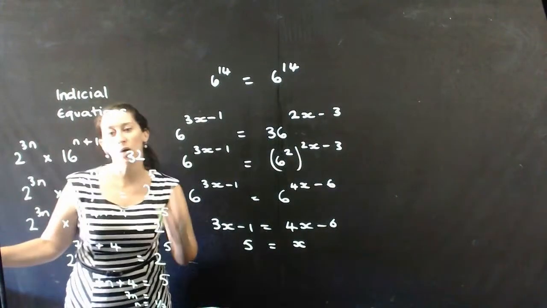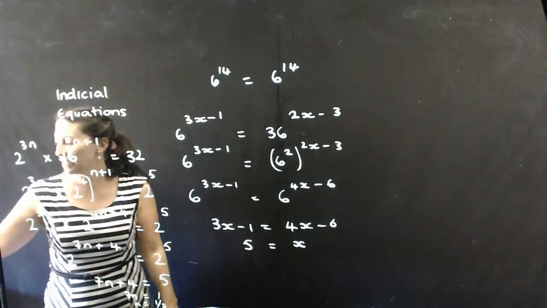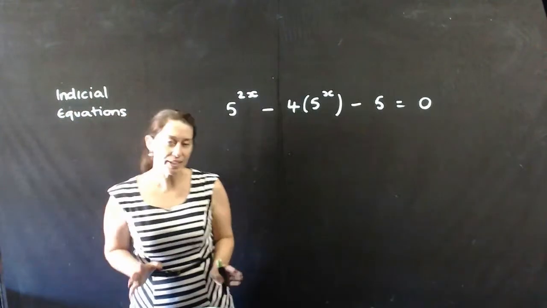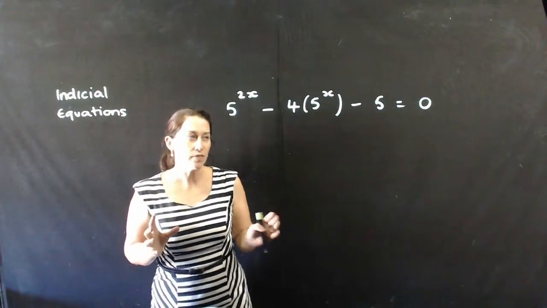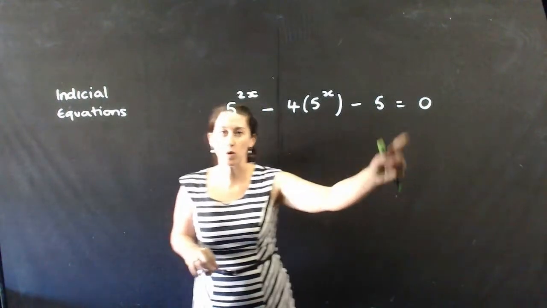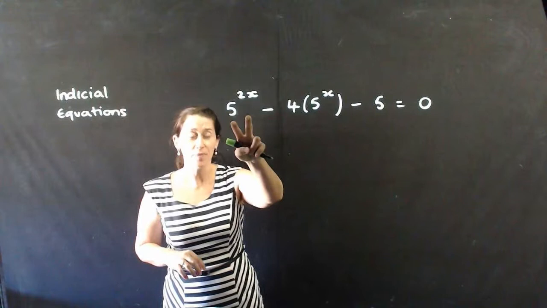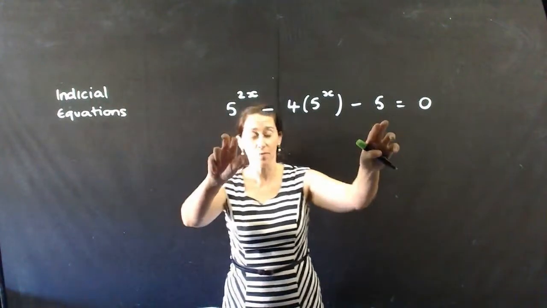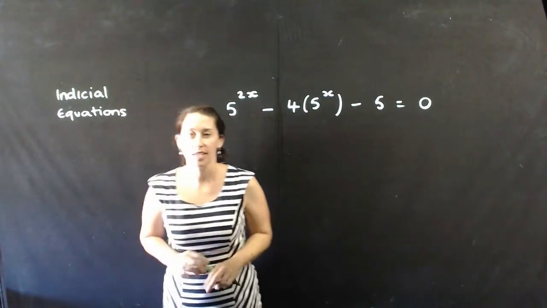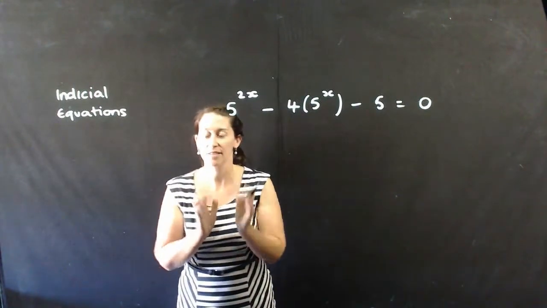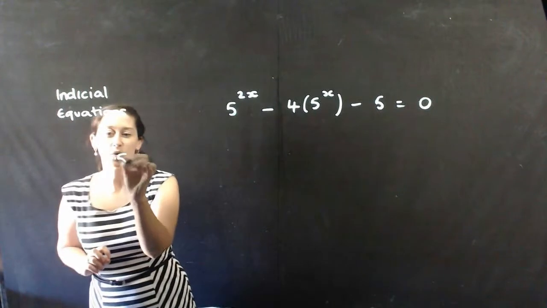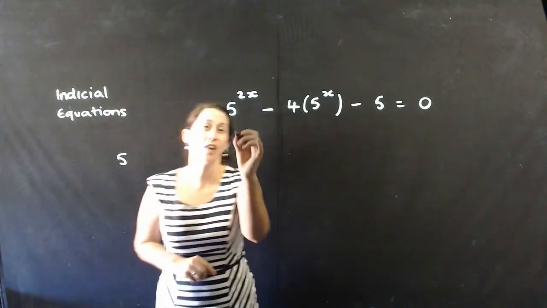Alright, I might just do one more example. I'll clear some space. What we see here is quite a difficult indicial equation to solve. When you see something that's equal to 0, and within this we've got some bases of 5, we can think quadratic expression. If I make 5 to the x a substitution, I can show you that there's a 5 to the x in each of these.